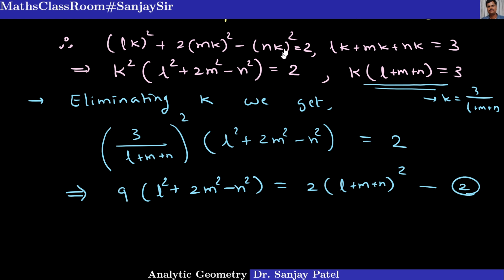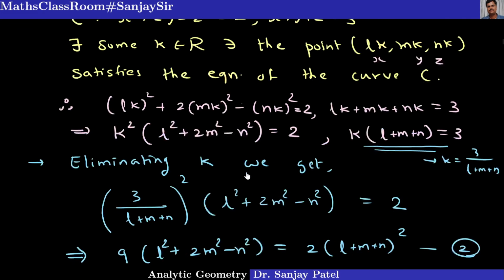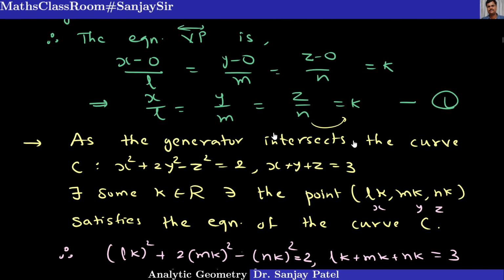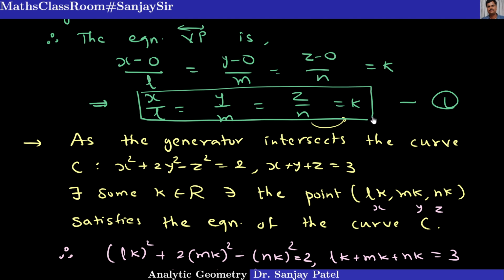Now our next step, as you know, we eliminate L, M and N, which are the direction, and it is arbitrary, between the equation of the generator 1, which is x upon L is equal to y upon M, and equation number 2, which we obtained just now.